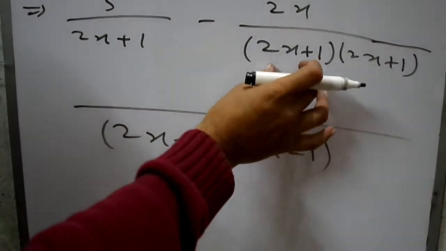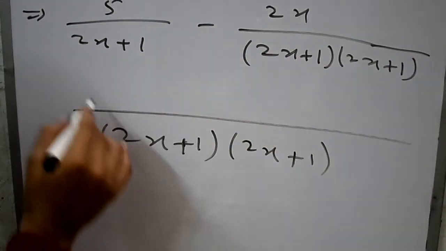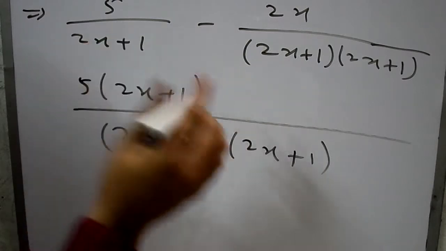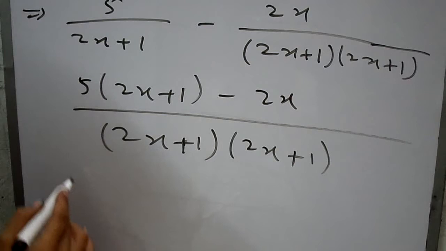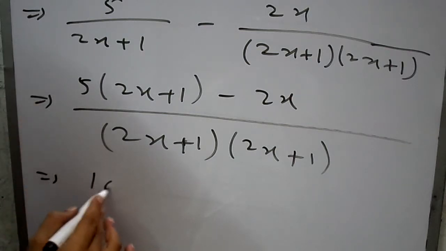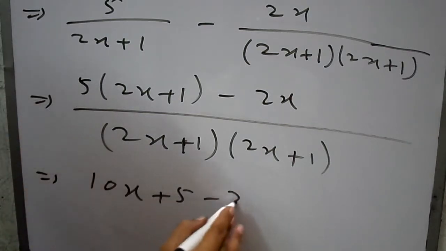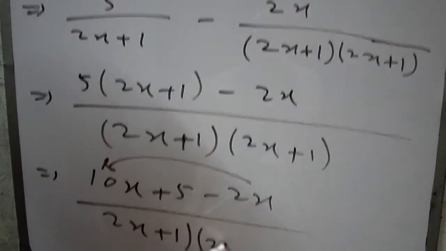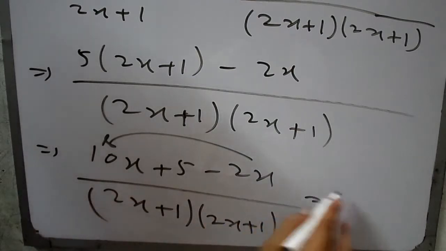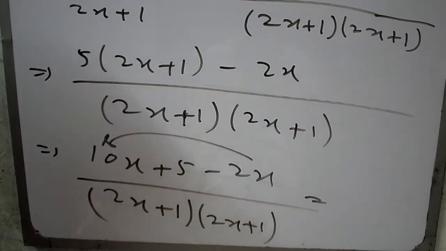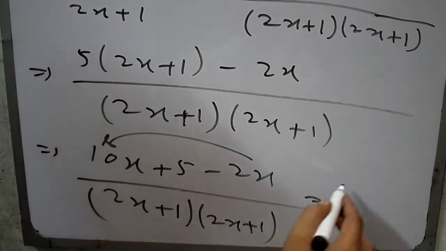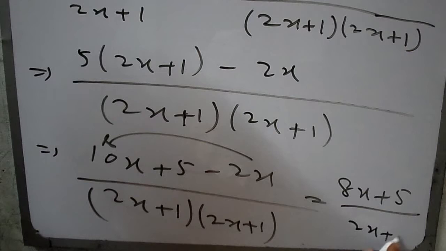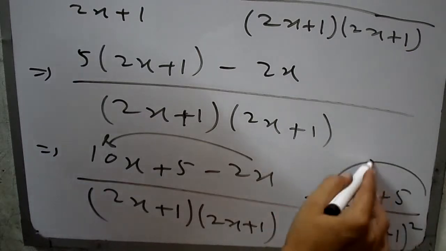Once again you can see common and non-common are also the same. So multiply or simplification. After simplification you will get 10 minus 2, 8x plus 5 divided by 2x plus 1 whole square. So that is your result.